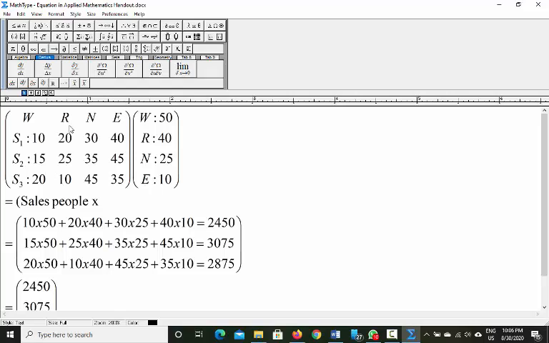First column represents watch, second column represents ring, third column necklace, fourth column earrings. So in the column we have types of necklaces.